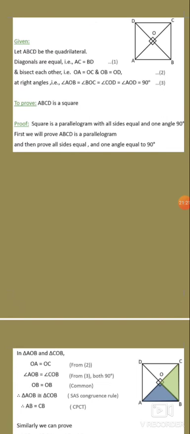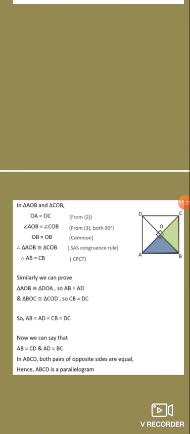That is the given condition, they bisect each other. Angle AOB equal to angle COB, each 90 degrees. OB equal to OB, common. So the two triangles are congruent using the SAS congruence rule. Now using CPCT we can write AB is equal to CB.